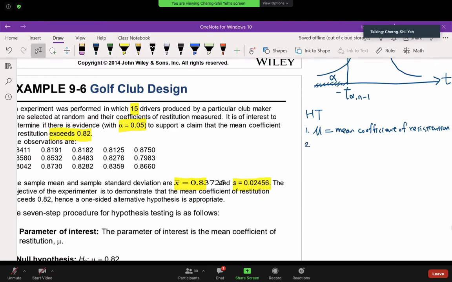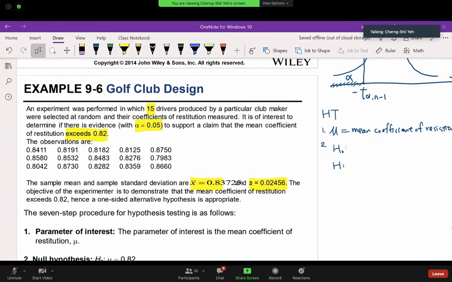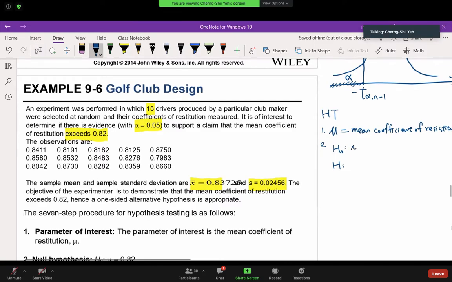Now let's write down our null hypothesis and alternative hypothesis. This step is critical, so let's slow down here. H0 is what we believe the process is. The alternative hypothesis is what we're trying to prove. We believe our current process has the mean coefficient exactly at 0.82. Sorry about the 0 and 1: this is 0, this is 1.